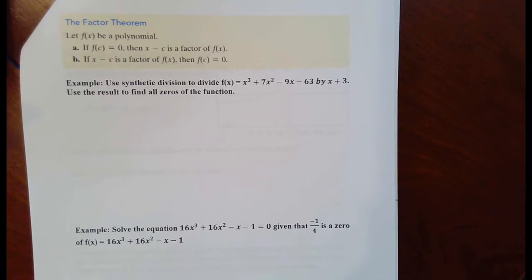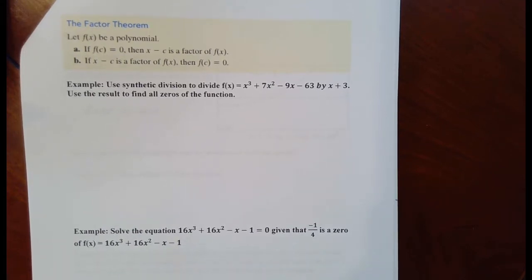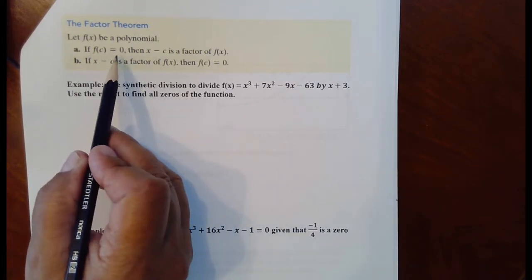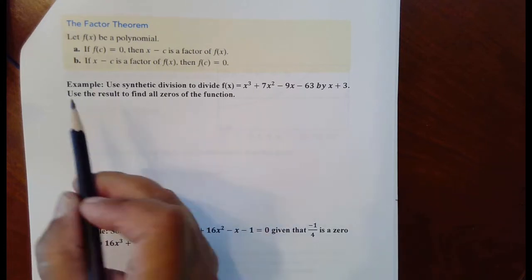We're going to take the coefficients, which are 1, 7, -9, -63. We're going to drop that first coefficient down, multiplying and then bringing the answer above the bar. So -3, bring it right up here. -3 times 1 is -3. Combine and you get 4.